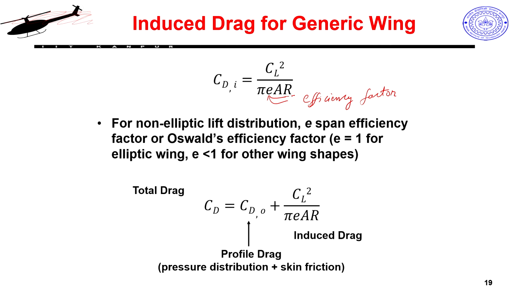For elliptic wings, having a planform in the shape of an ellipse, it will be 1, otherwise it is less than 1, and a typical value is 0.9 to 0.95. This can be estimated, or you can assume something based on the literature, for your approximate calculations using this formula.